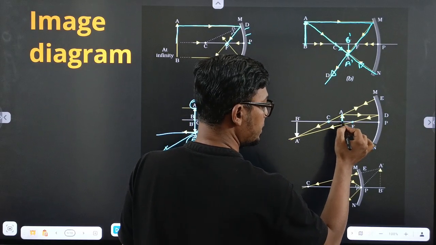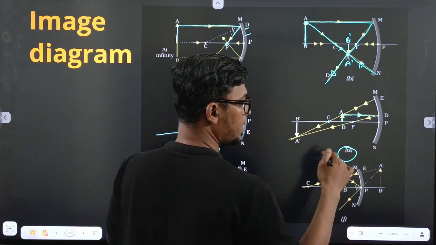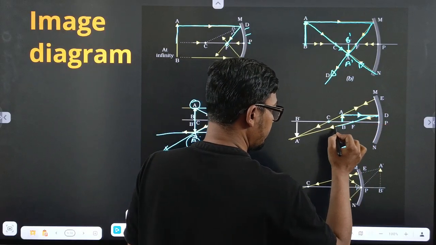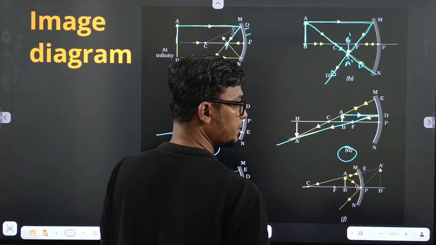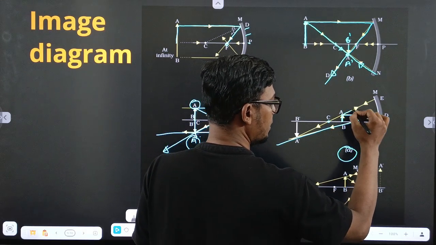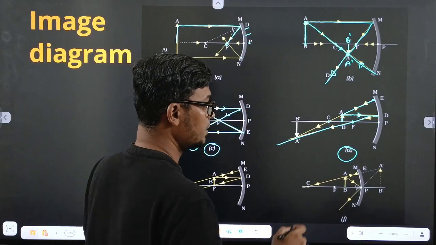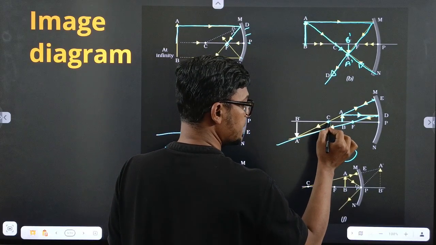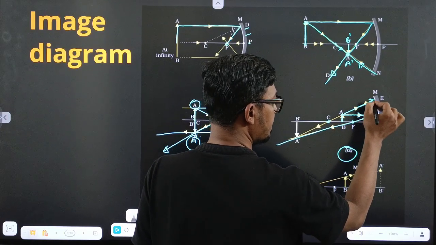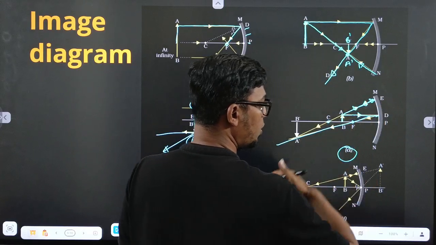For this situation, first of all we have to draw an incident ray which is parallel to the principal axis. Then the reflecting ray will definitely go through the focal point. Now if we draw another ray through the center of the curvature, here the center of the curvature is this point, then it will come back along the same path in the opposite direction.